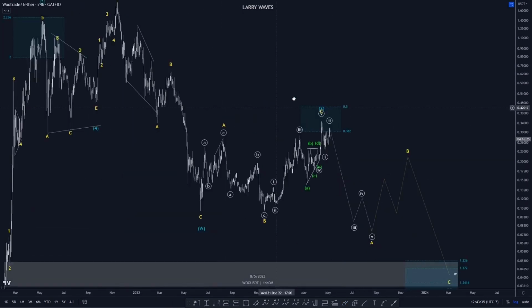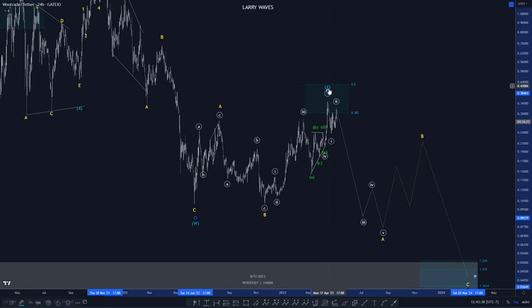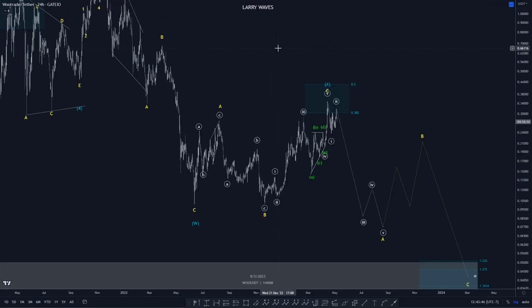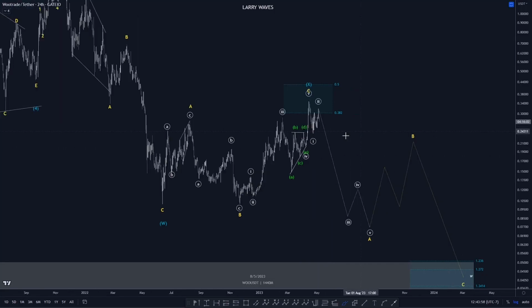Same with Bitcoin and some other coins. I see this as an expanded flat here for an X wave. It's a little wonky because of this wave four. It is a valid triangle right here, a barrier triangle, a very weird looking barrier triangle, but it's still valid.